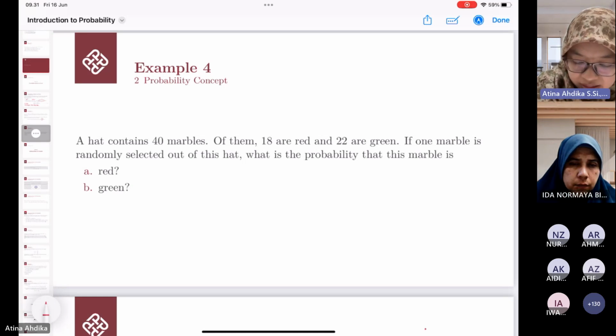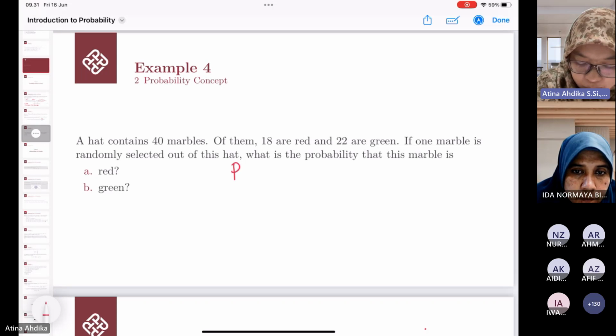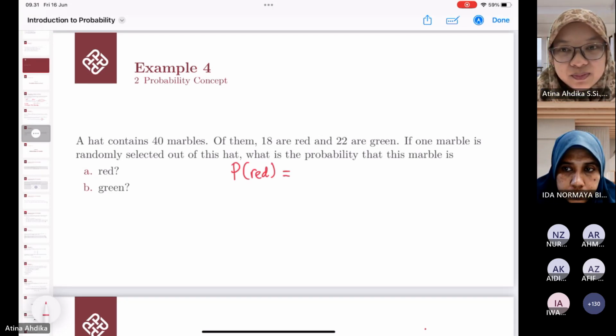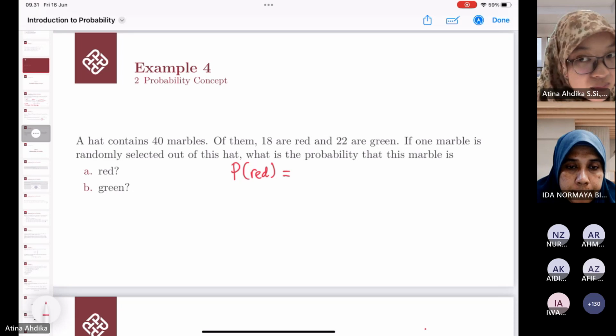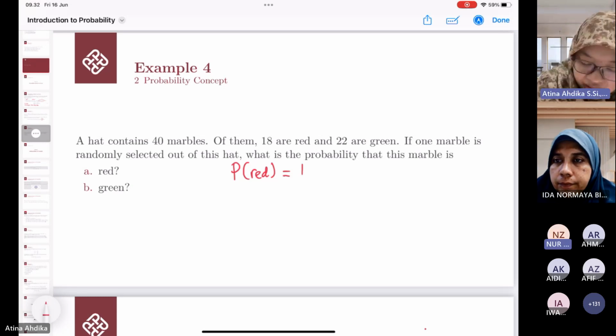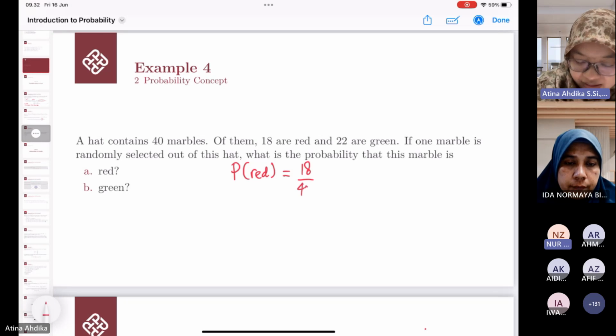What is the probability that the selected marble is red? The probability of red? How do you calculate this? Nur Amalina Zulkifli. 18 divided by 40. Okay, 18 over 40, right.